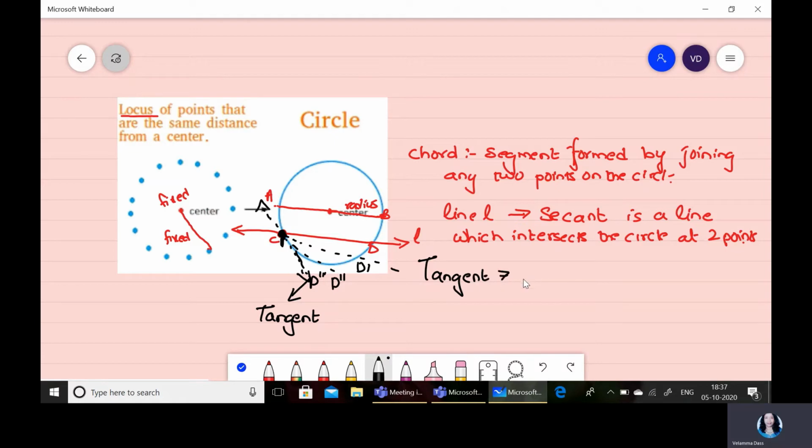So tangent, we can say it is a line which intersects the circle at one and only one point. So here we can say, can I say that a secant is a tangent?